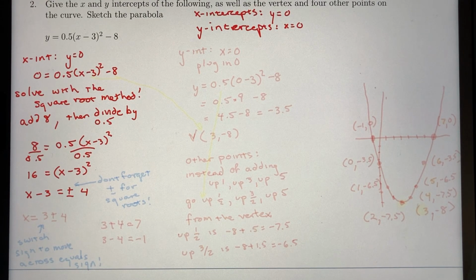Little note. Okay. Moving the 3 over, don't forget to switch the sign. You're adding 3. So I'll put a little note for that.